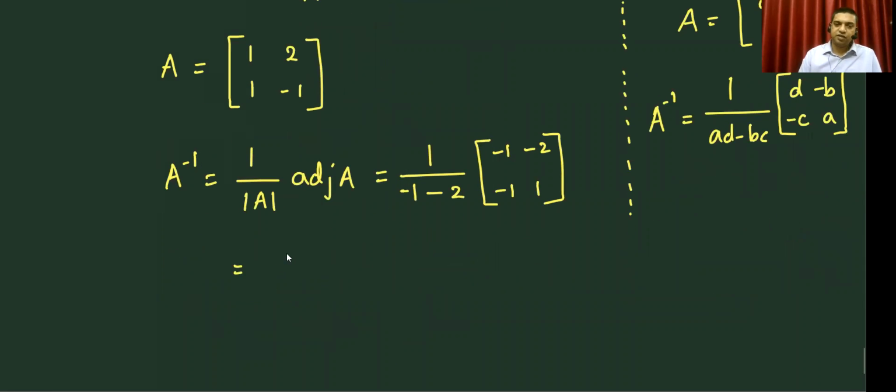Upon simplification, this is minus 1 by 3. Take the minus sign inside, and you get [1, 2; 1, minus 1]. This is A inverse. So X is A inverse B.